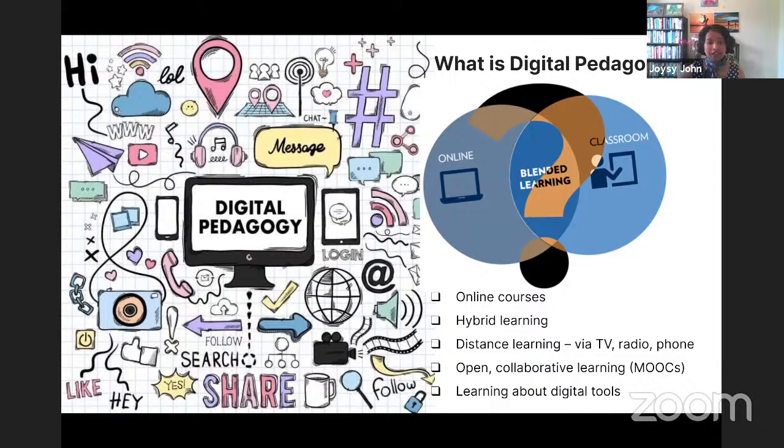So if you can just look at the poll and look at what sort of reactions you have, or initial lessons around things that you think constitute digital pedagogy.